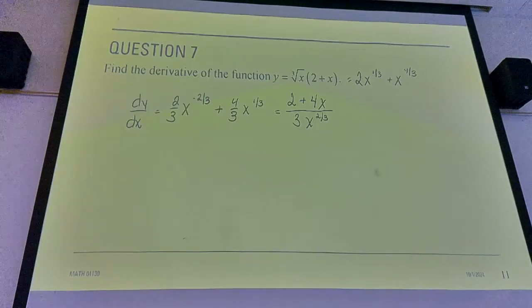One third plus 2/3 is 1, isn't it? So that's your new power. And just to keep it in the same format, I'll write it as cube root of x squared.